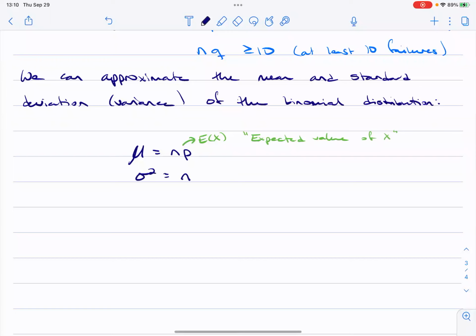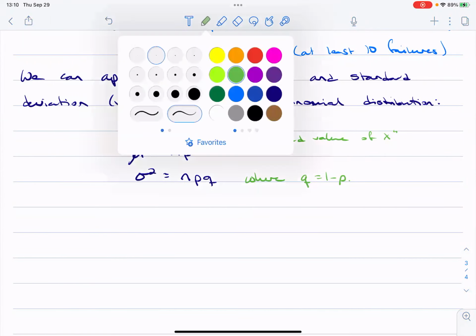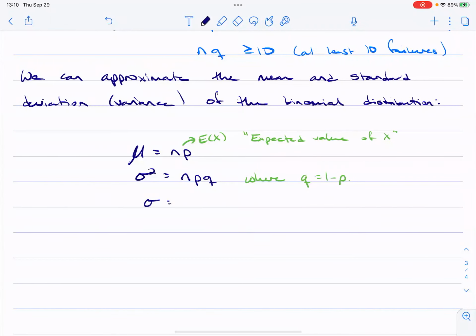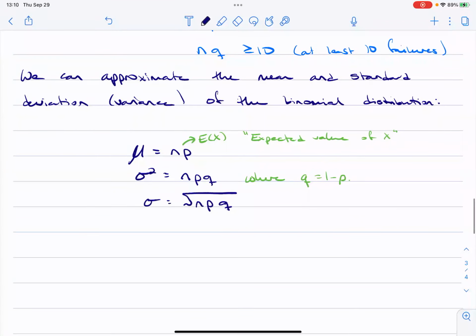And I'm going to use NPQ, where Q is 1 minus P, in case you forgot, right? But this means that sigma is the square root of NPQ, which is what we're more used to seeing.